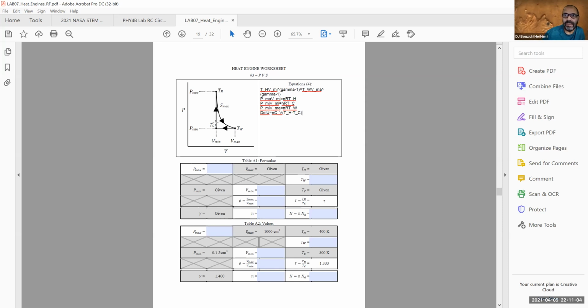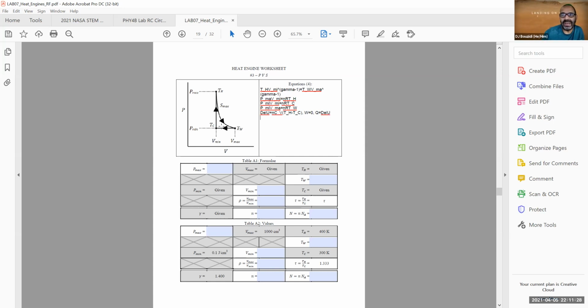It's this process, this isochoric process. From T hot to T cold, I'm going to write del U. Of course, by the way, in this case also, W is equal to 0, and Q is equal to del U.